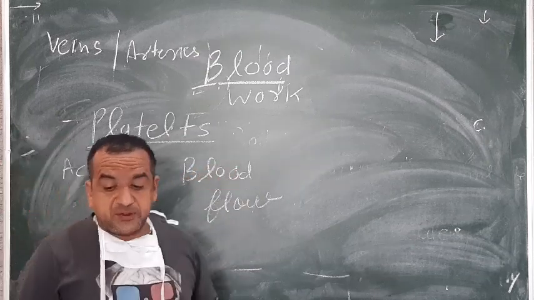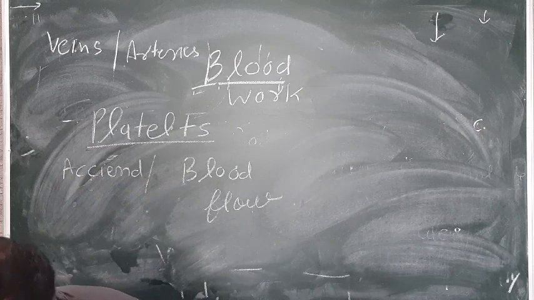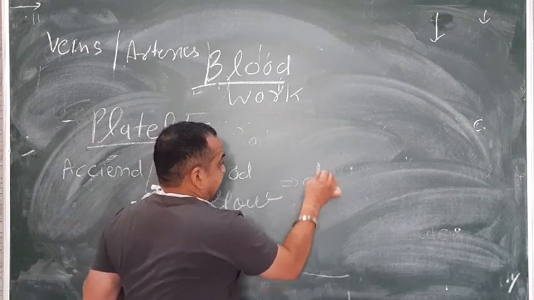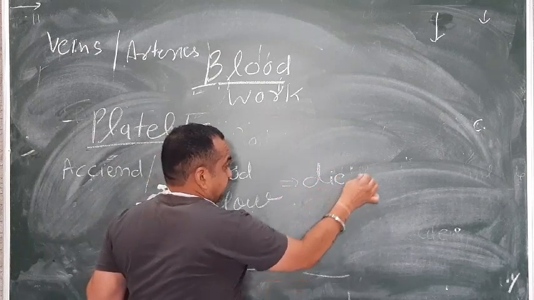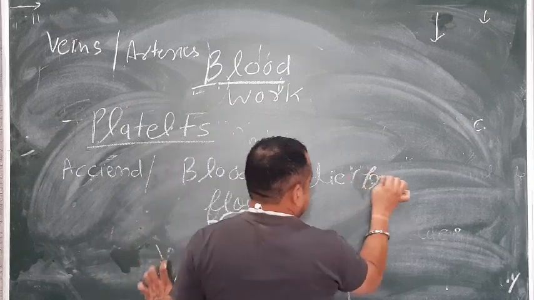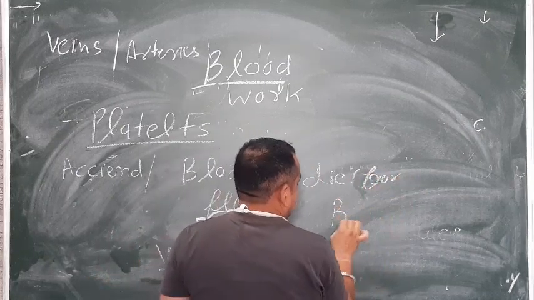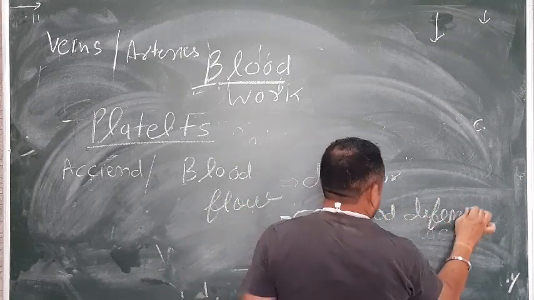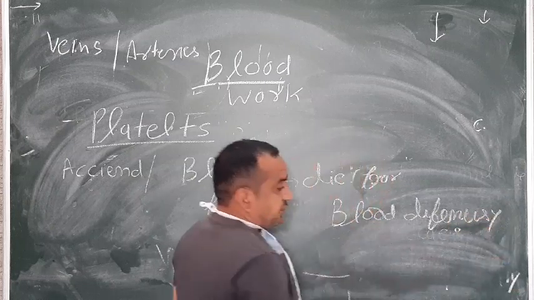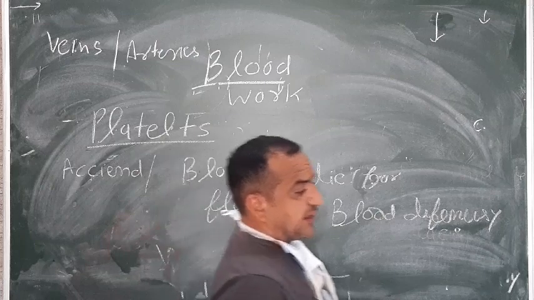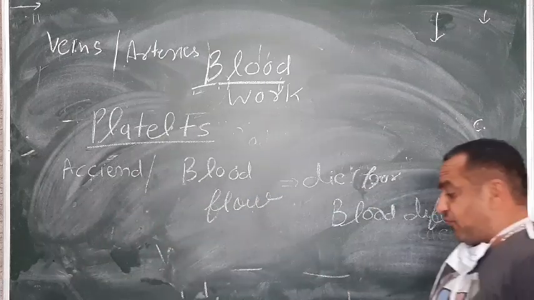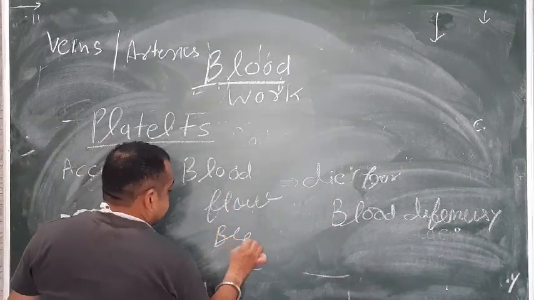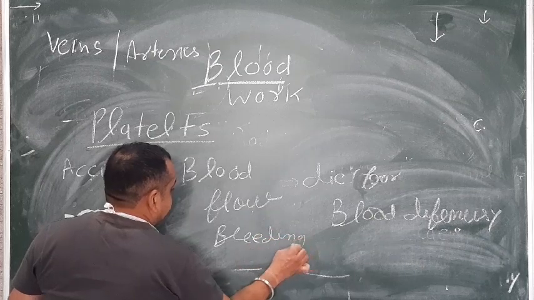If we cannot stop the flowing of the blood, we can die from blood deficiency. When, for any cause, blood flows continuously from our body, it is called bleeding. We can die from the deficiency of blood.